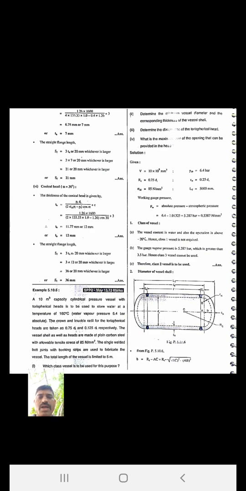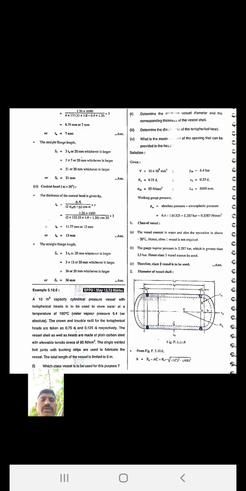The crown and knuckle radii for the torispherical head are taken as RC equal to 0.75 di and RIC equal to 0.125 di. Remember that two relations are given. Sigma all is equal to 85 Newton per mm square. The total length LT is equal to 5 meter, and 1 meter is equal to 1000 mm, so we convert it into 5000 mm.